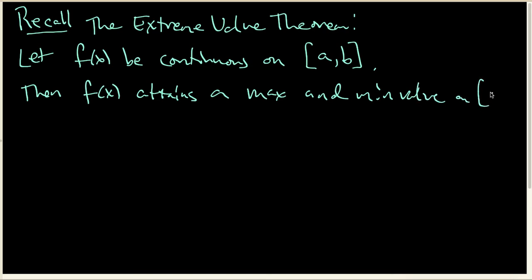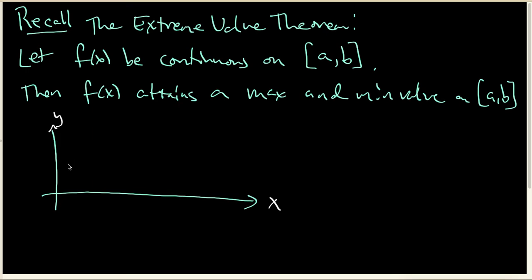And what this means in terms of a picture is this kind of a thing. Here's, of course, my x-axis and my y-axis, and the function can go up and then it might go down, but somewhere it's going to have a maximum and a minimum value. And let's say that that's a and this is b over here.